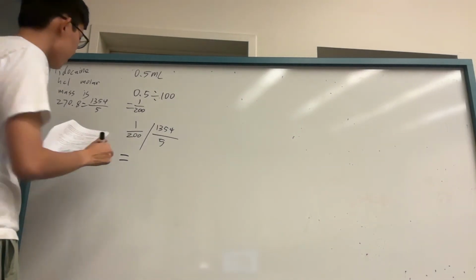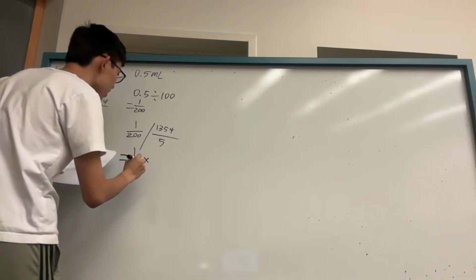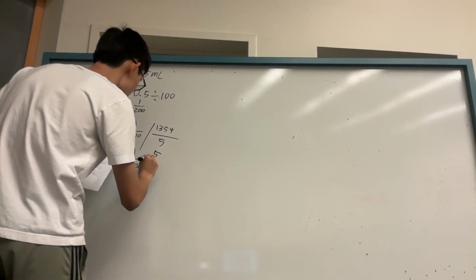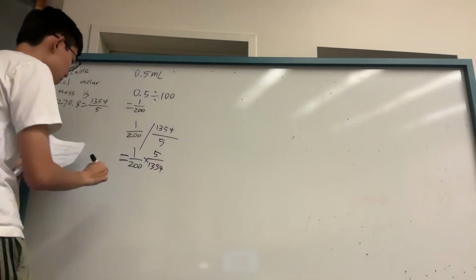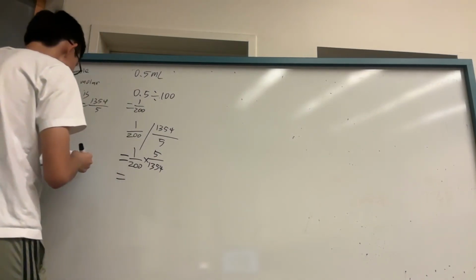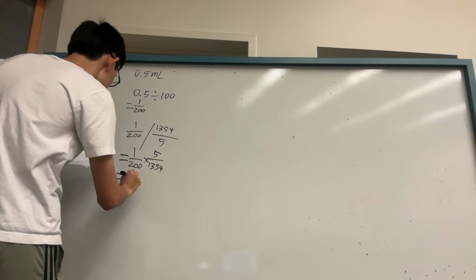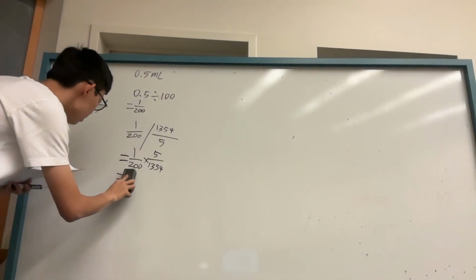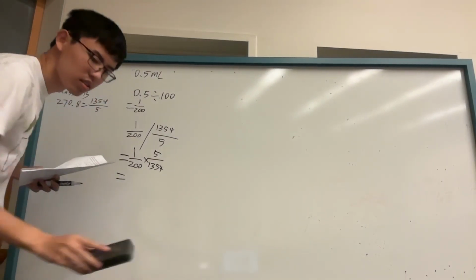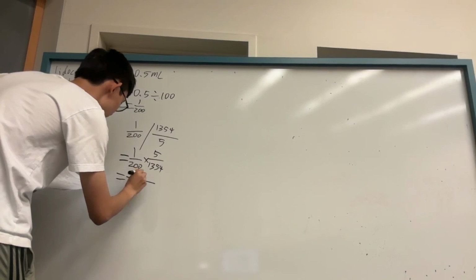So this will be 1 over 200 times the reciprocal, which is about 1 times 5 is 5.